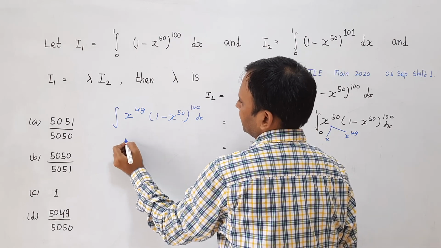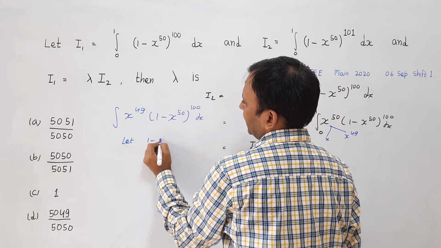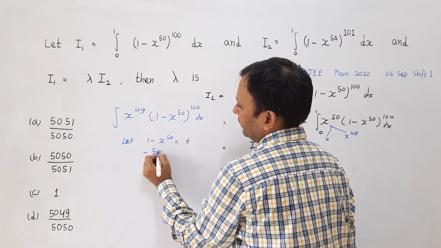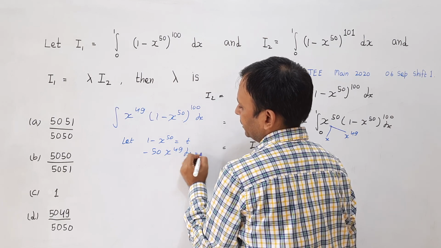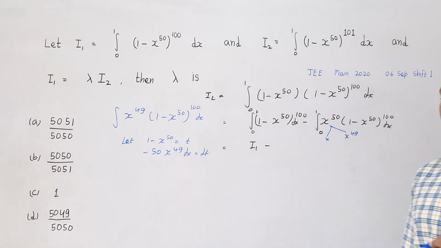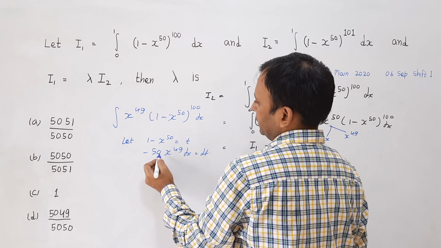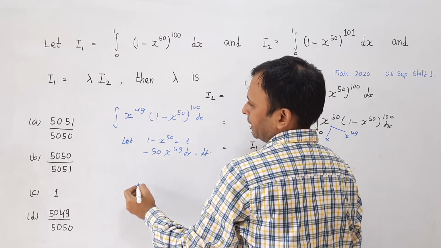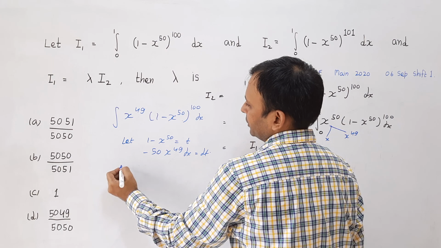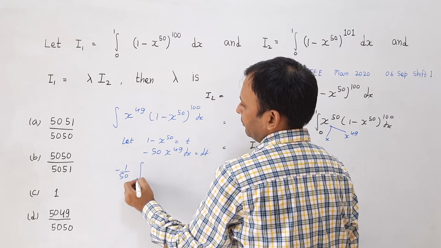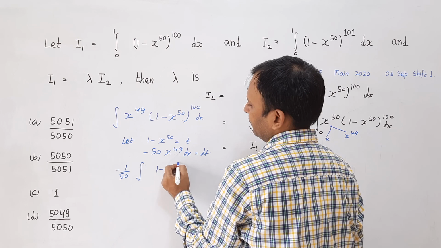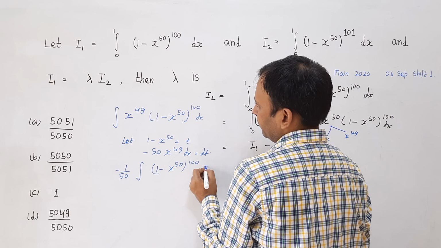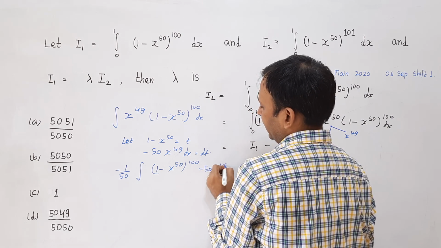If I assume 1 minus x to the power 50 as t, then minus 50 times x to the power 49 into dx becomes equal to dt. Now there is minus 50, so I will divide by minus 50 and multiply by minus 50. So this becomes minus 1 upon 50 into the integral of (1 minus x to the power 50) whole to the power 100, and this minus 50 x to the power 49 into dx.